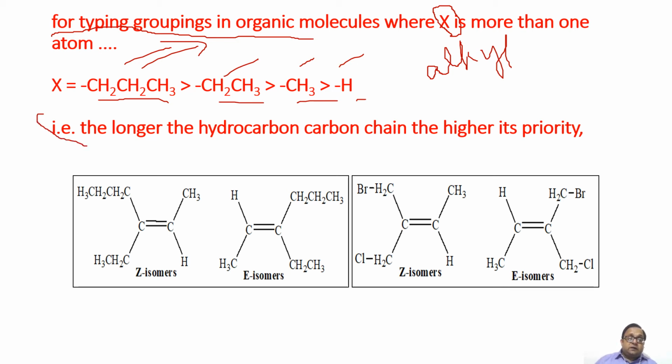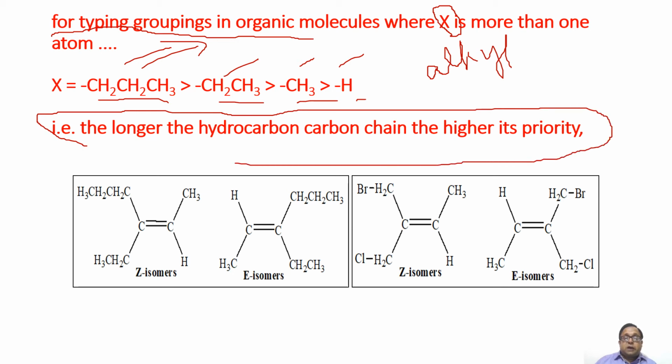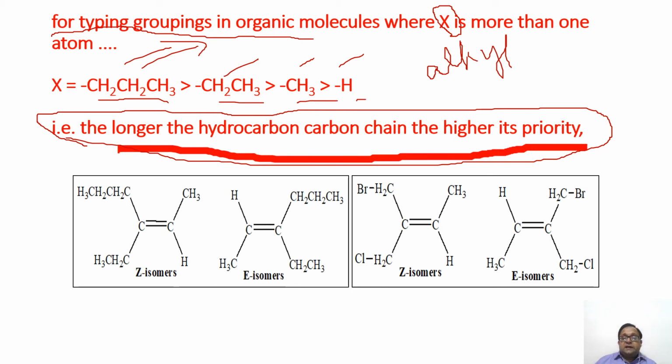So here we can have a thumb rule: the longer the hydrocarbon chain, the higher its priority. Please focus again. I am saying the longer the hydrocarbon chain, the higher its priority. So make it a thumb rule.